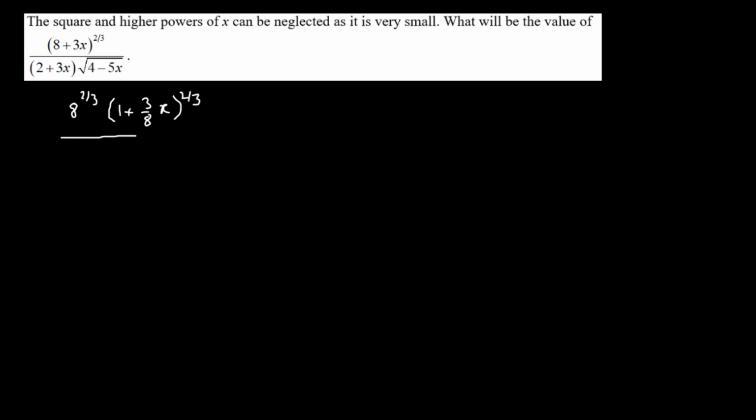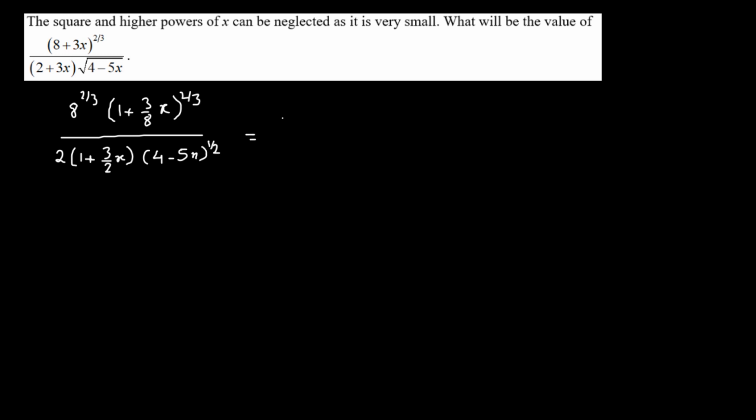divided by, we take 2 common, so we get 2 times (1 plus 3 over 2 times x), and the square root can be written as (4 minus 5x) raised to the power of half.